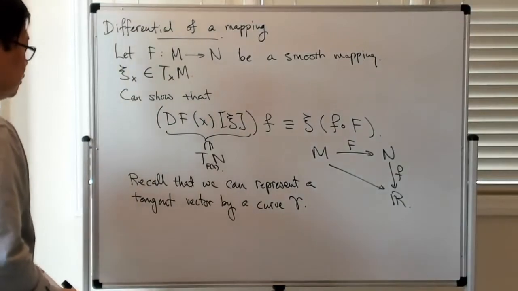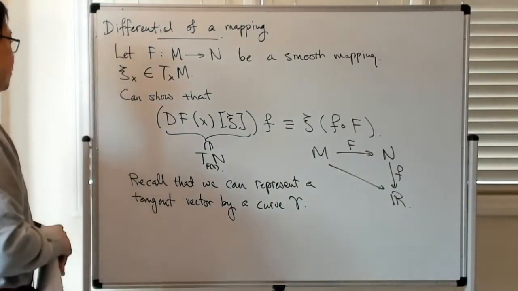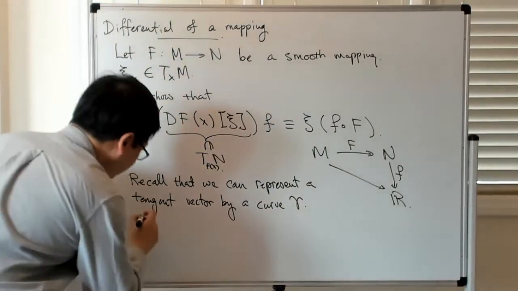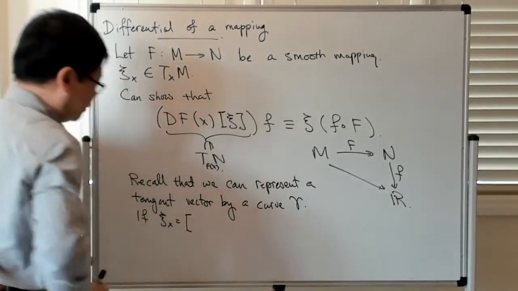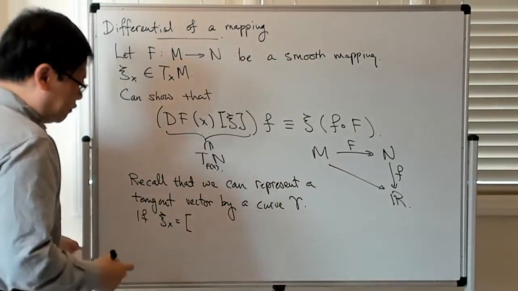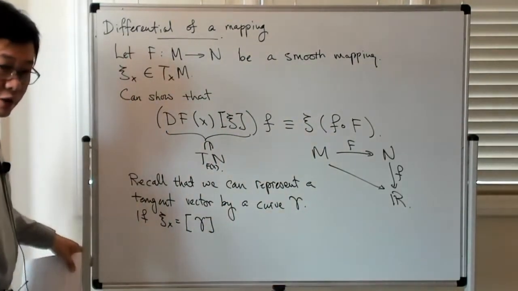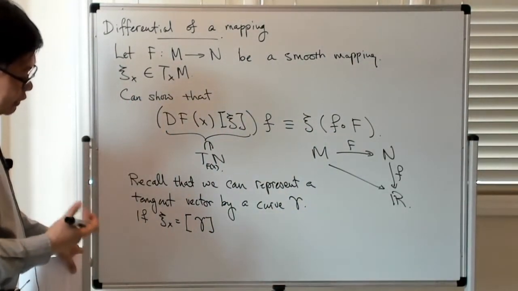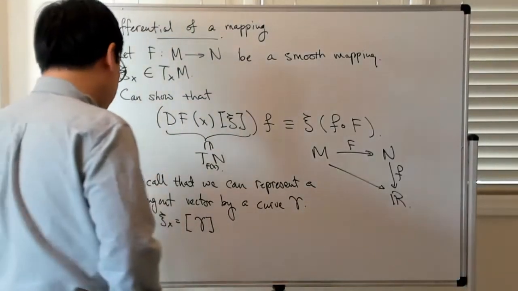So if, for example, C at X is related to a representative curve gamma, and I'm going to put square brackets around it to represent the equivalence class of curves associated with that particular curve.